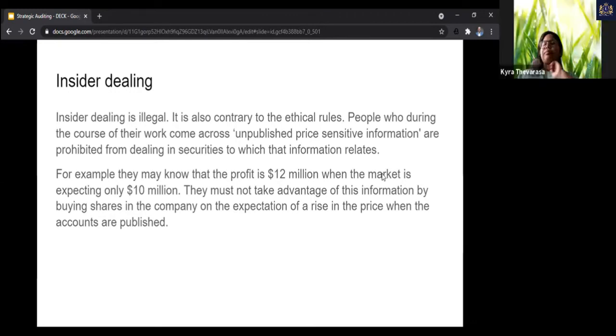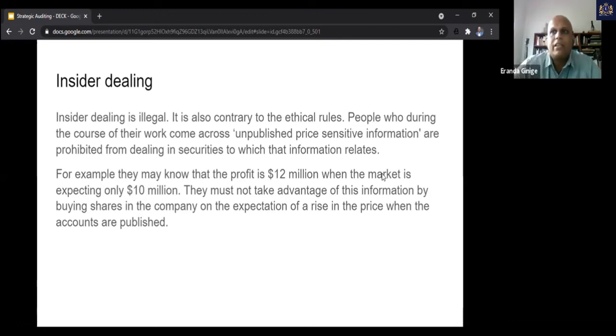But an auditor must never ever do that. So in a way, auditors are kind of disadvantaged in the sense that even if they don't use inside information, if they are shareholders of some companies, people can question their integrity. Do you know what I mean?